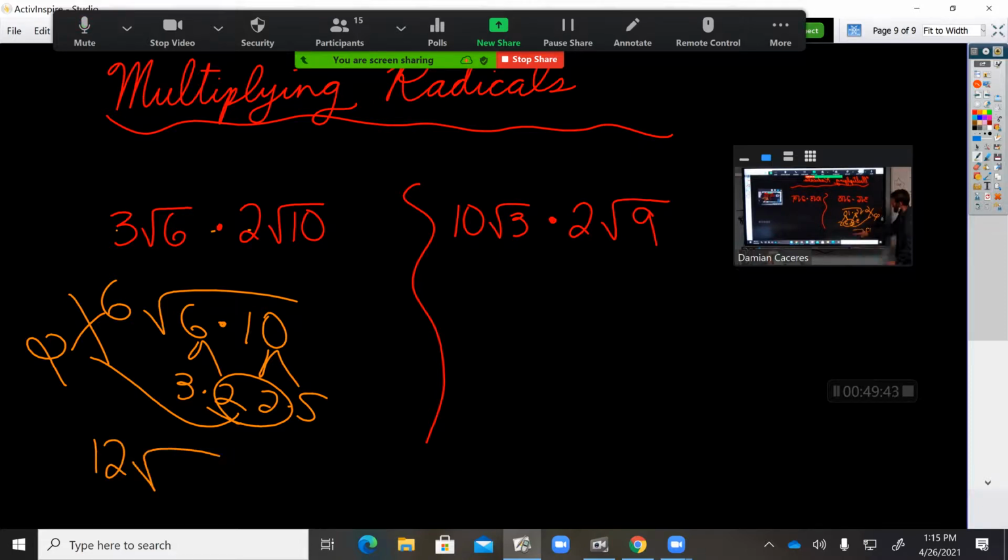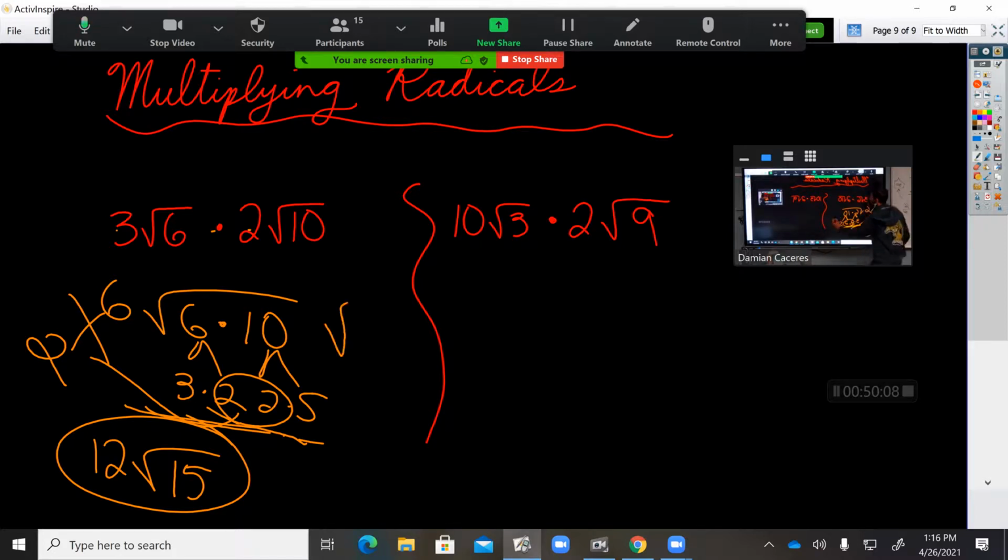Multiply it. What's still in that radical? The 3 and the 5, which is 15. That's it. This is how you simplify multiplication. So with multiplication, the radicals join each other, and then they keep getting broken down.